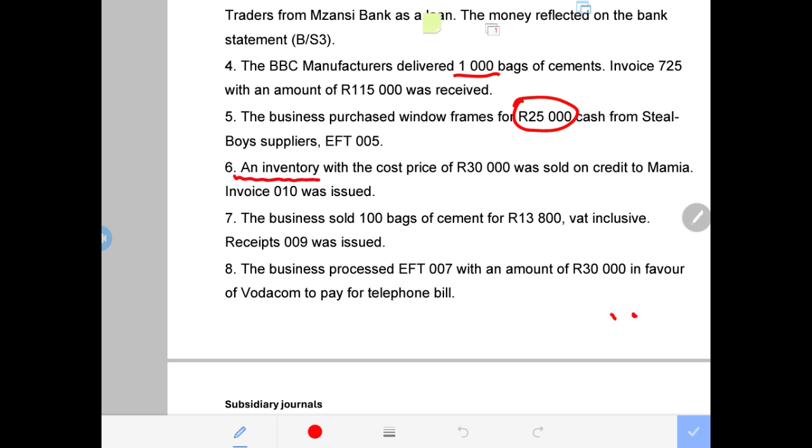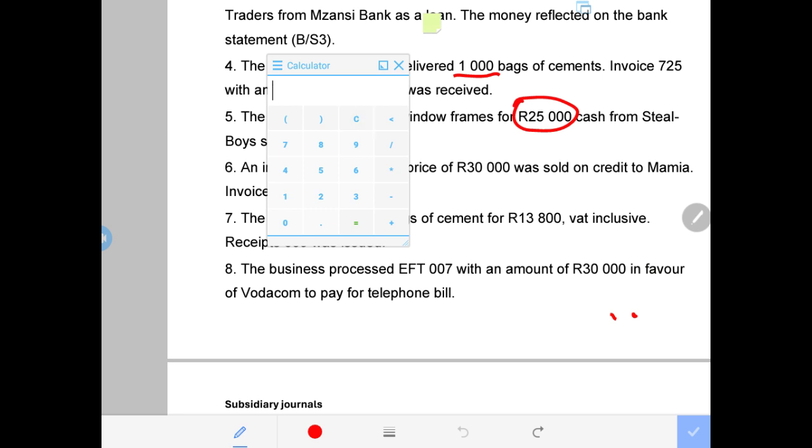An inventory with the cost price of 30,000 rands was sold on credit to Mere, invoice 010. Now, remember we have window frames and cement, so it might be difficult to say how much cement we bought or what the cost price was.